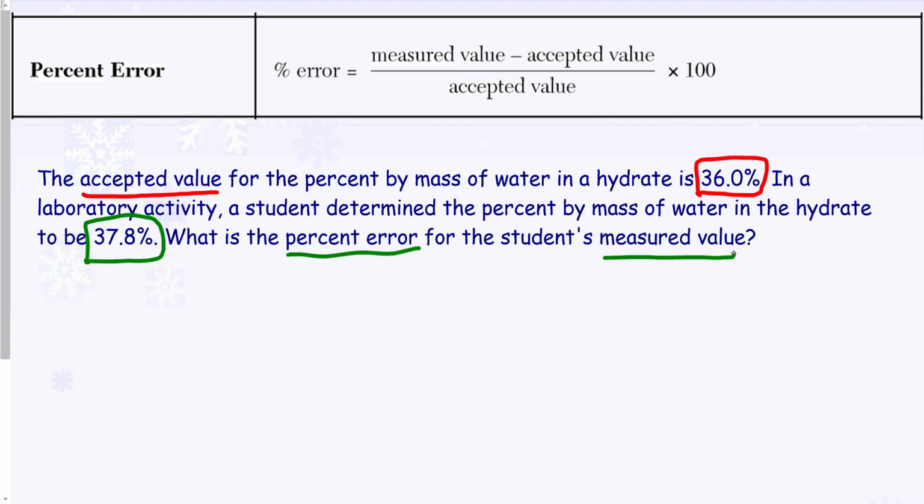So what is the percent error? The moment I notice the words percent error, I know that I have to use the formula. And as I said before in my other videos, I always prefer to write down the formula before I start solving it.